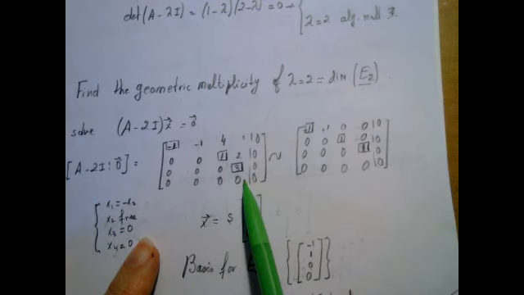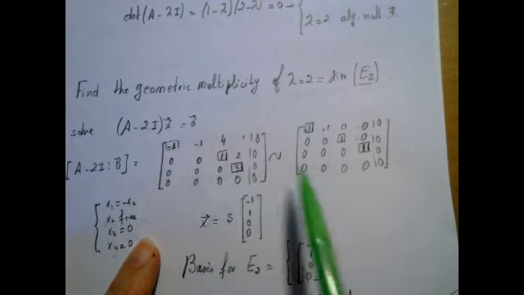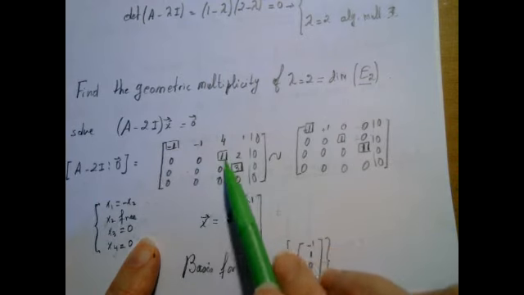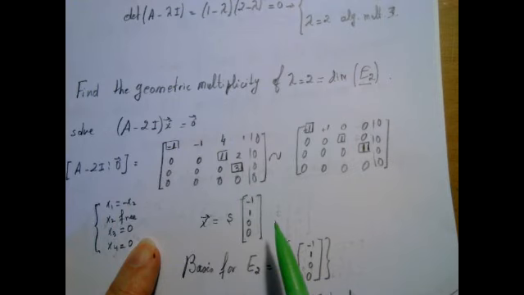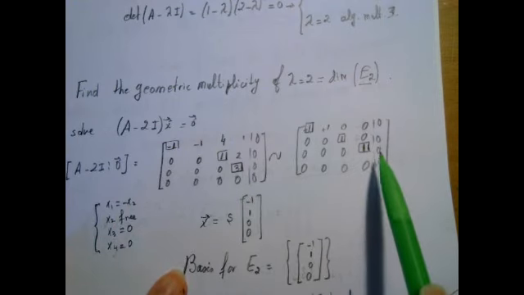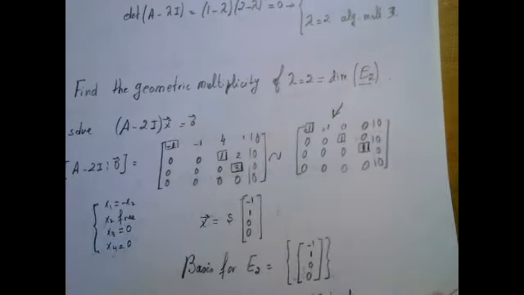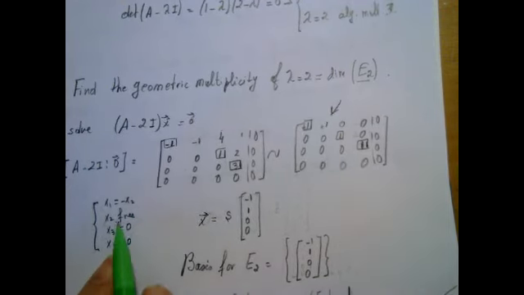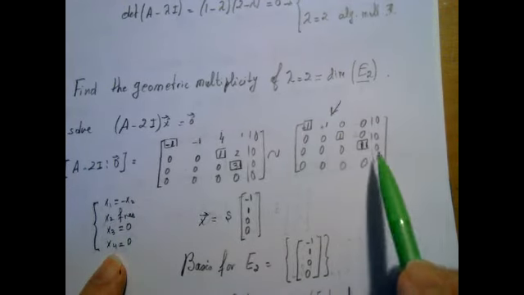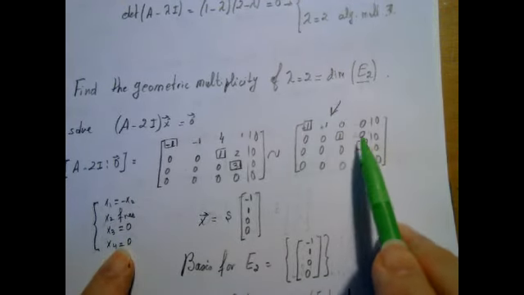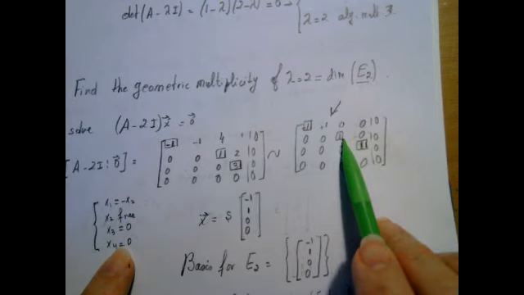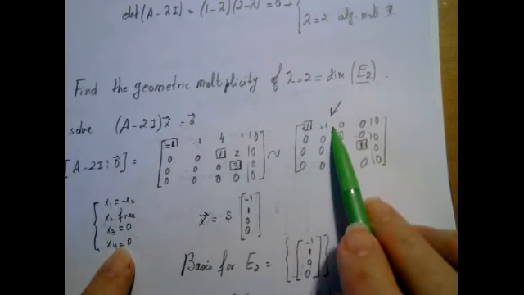Solving means you have to go to the echelon form. Here I have minus 1, 1, 3. That's already in echelon form. I am in good shape. I have only one free variable in this problem, which is x2. x2 is free. x4 is 0. x3 is 0. x1 is minus x2.